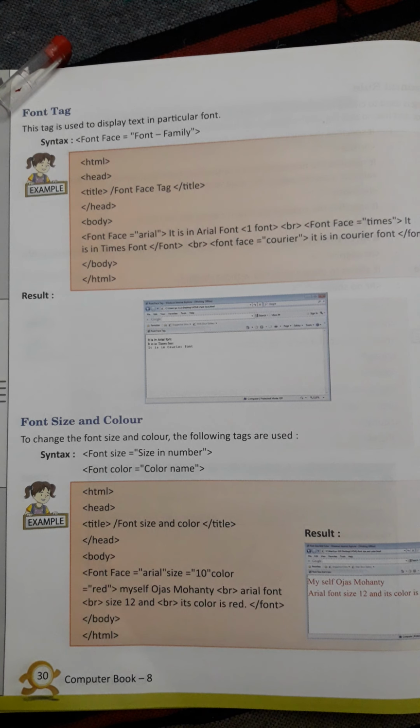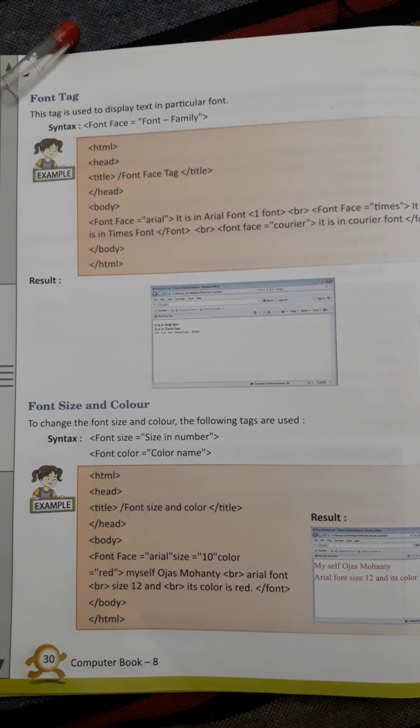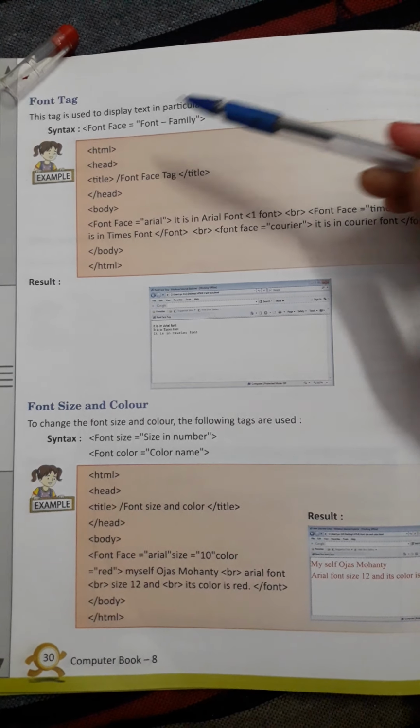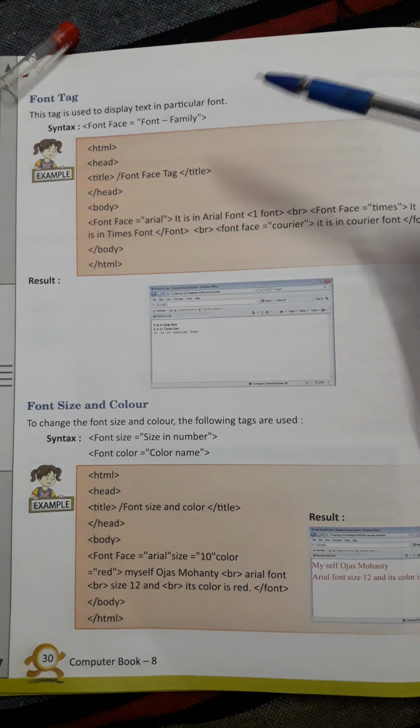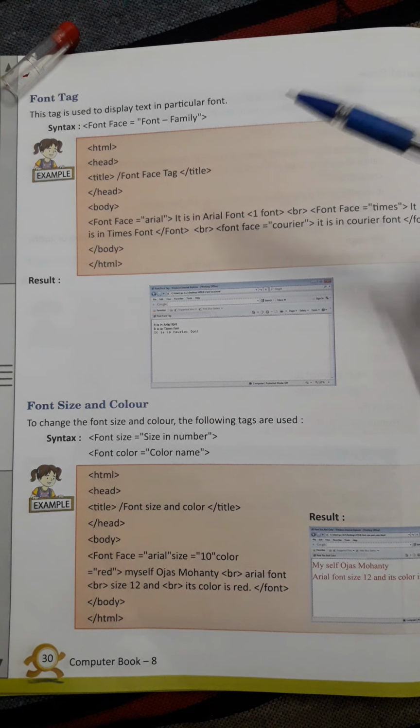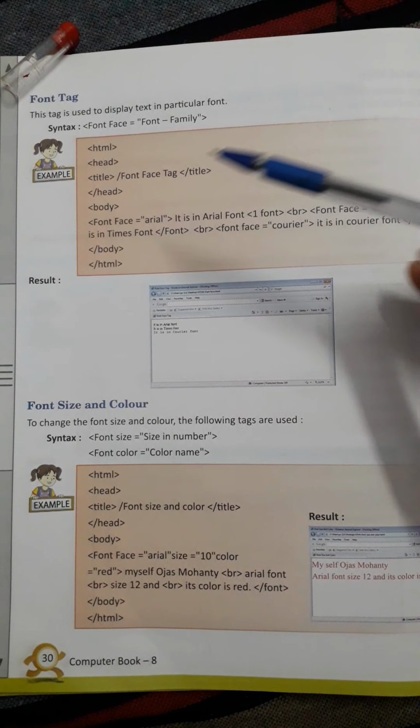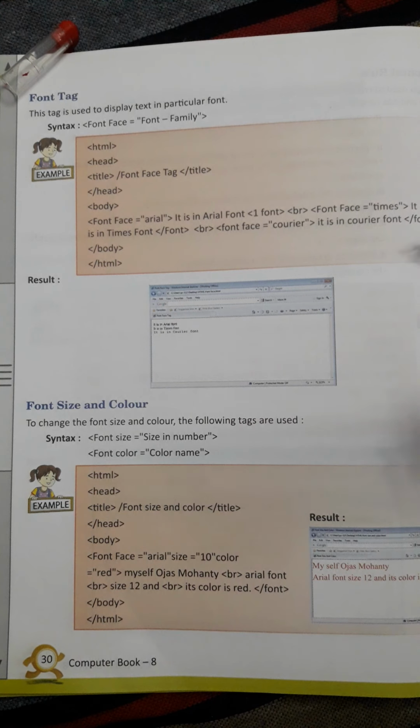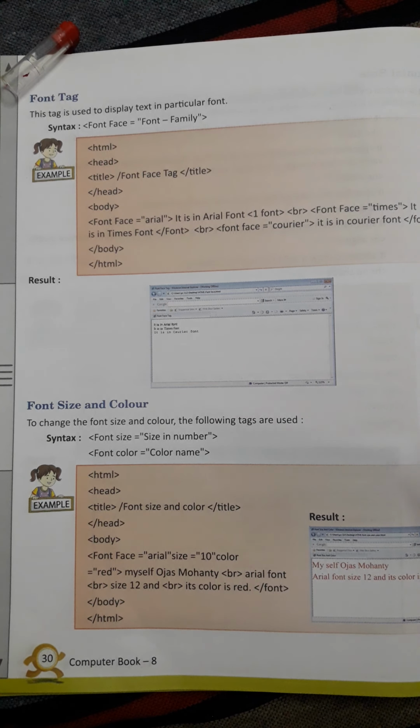Now next one is the font tag. This tag is used to display text in a particular font. There is a font name. Now font face, here font family, you can select Arial and other things, so many fonts. So here Arial is the default, so this text will come in Arial font. Now next one is font size and color.